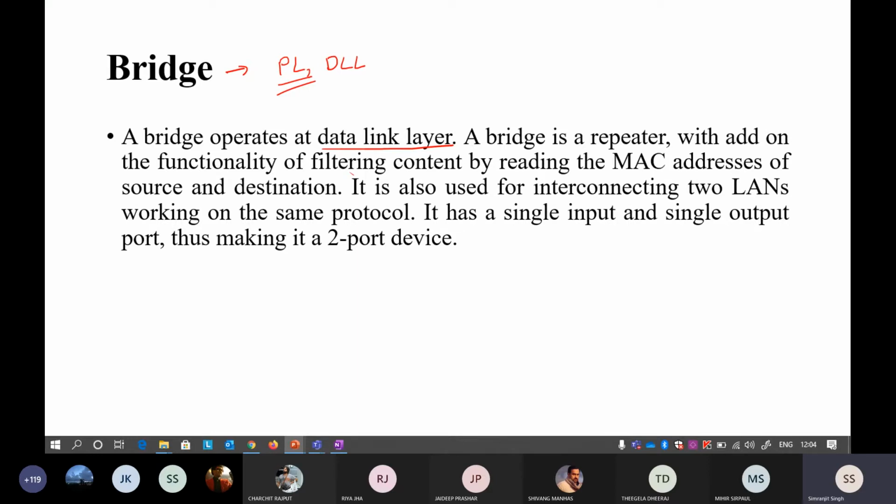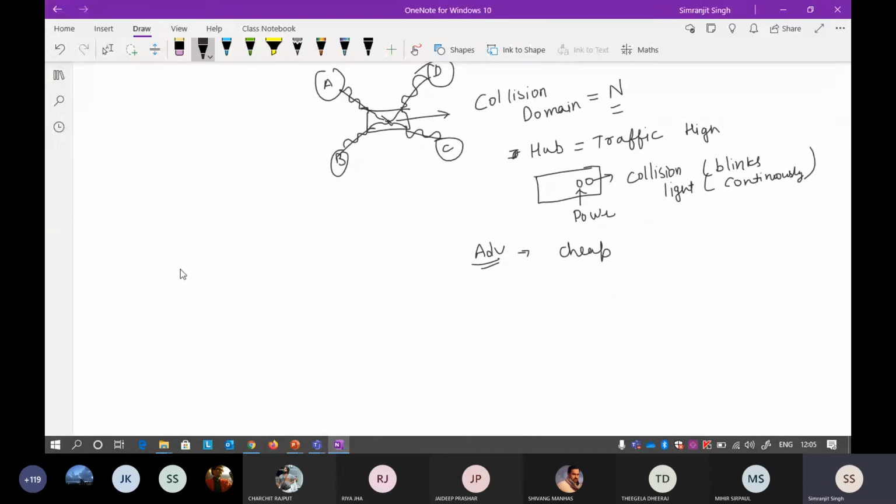So actually, why do we use a bridge here? I'll tell you about a bridge. All the devices that you may have seen, the hub as well as the repeater, are used to connect the same type of LAN.